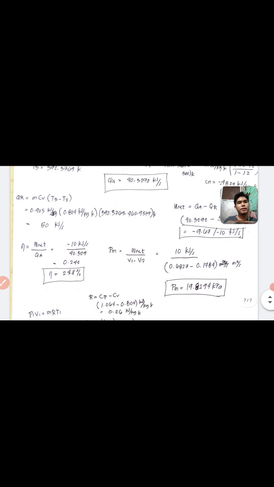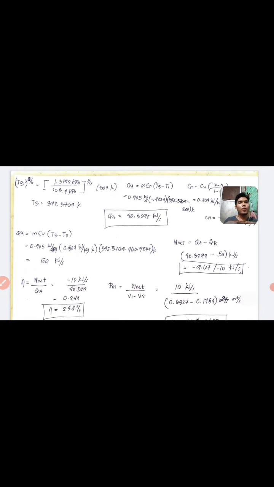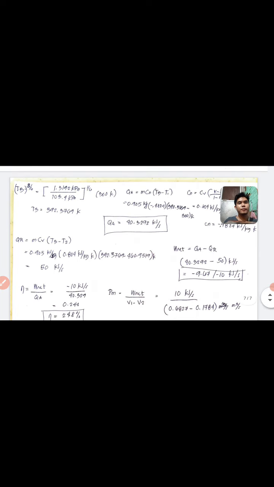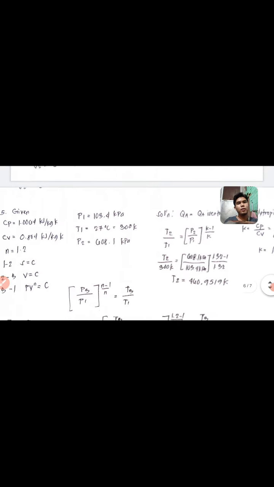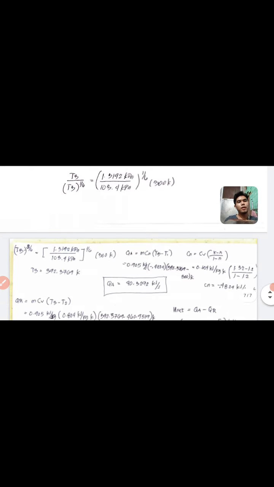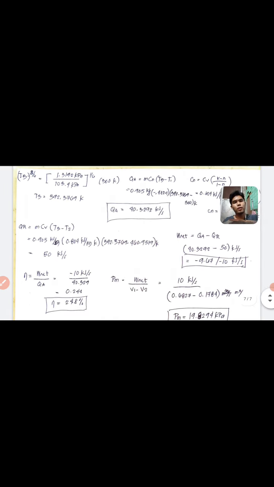And next, let's solve for our work net. Here our work net is QA minus QR. Since the value of our QR is not given, but we already have the value of our QA, let's solve for QR.